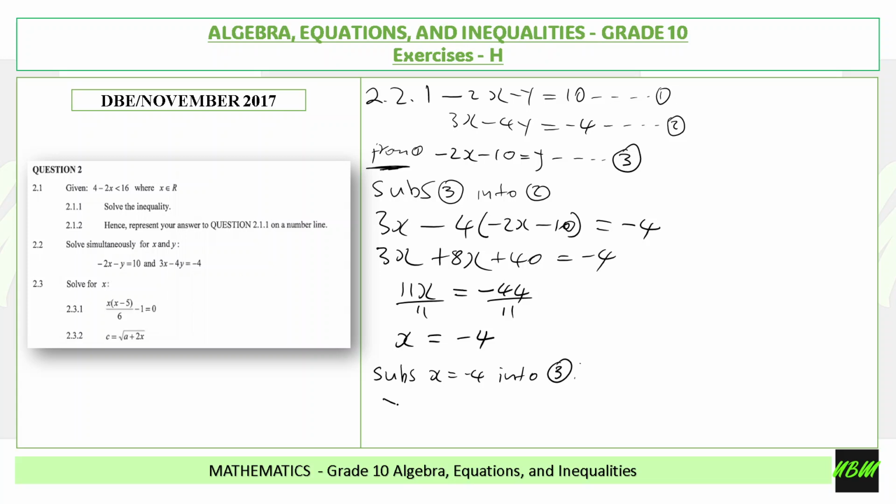So y is equals to -2x minus 10. In place of x, what do we substitute? -4. And then we have minus 10. Then our y will be equals to -2 times -4, 8. And then 8 minus 10 will be -2. So this will be our solution for question 2.2.